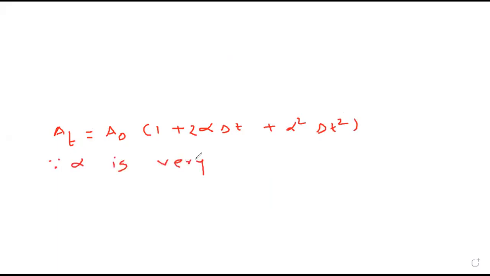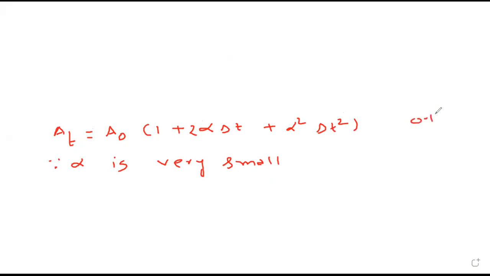Now LT square I can write AT. L0 square I can write A0, times 1 plus 2 times alpha delta T plus alpha square delta T square. Since alpha is very small, when we say very small, we are talking about a value less than 1 but positive.